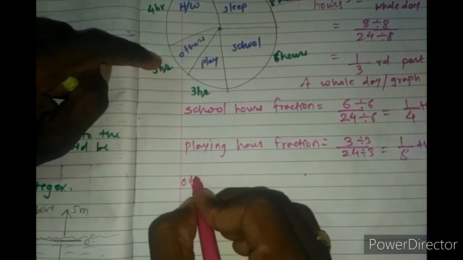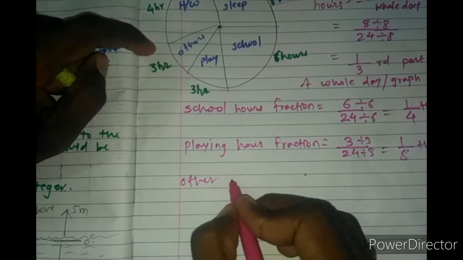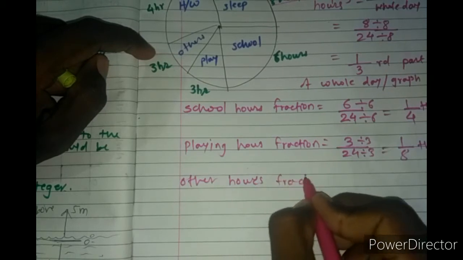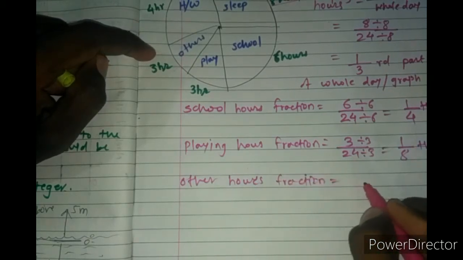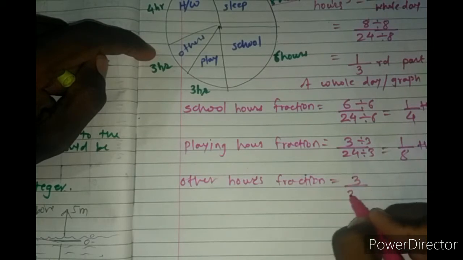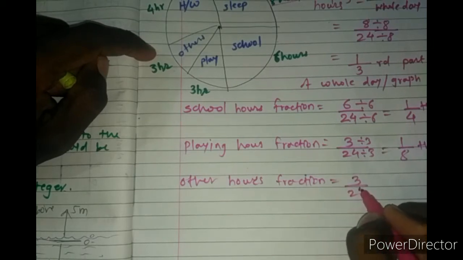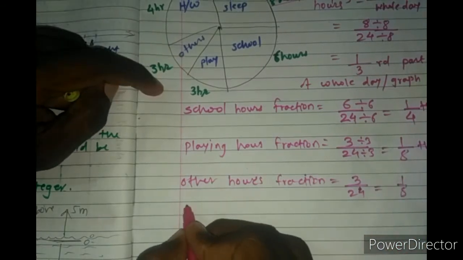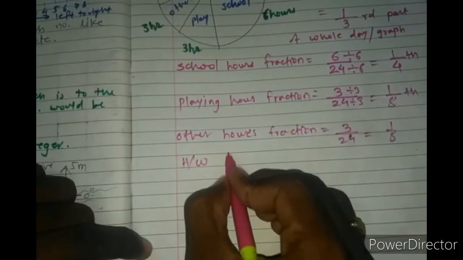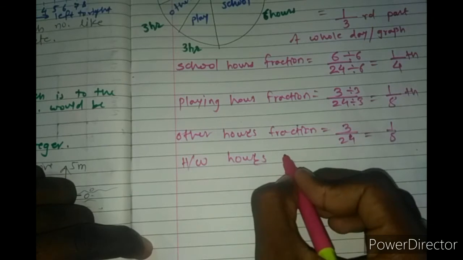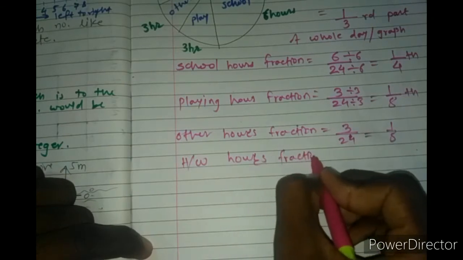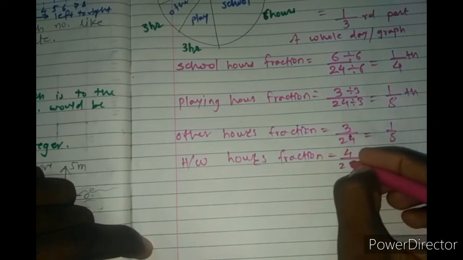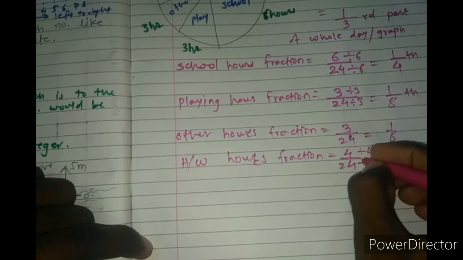After that, the other hours fraction is equal to 3 hours upon 24. It is the same as playing hours, 1 by 8. And the last, homework hours. So the homework hours fraction is equal to 4 upon 24.